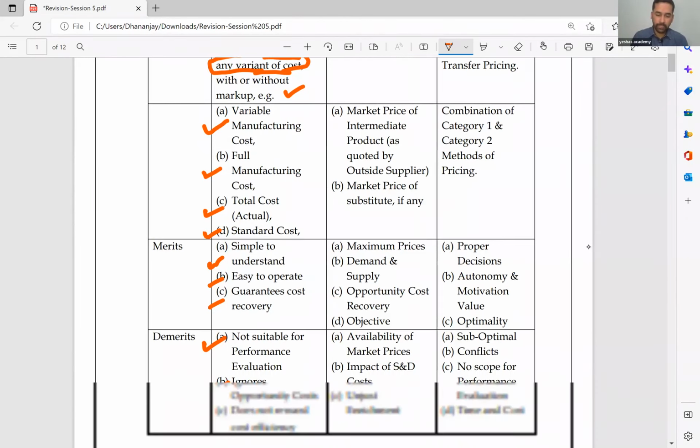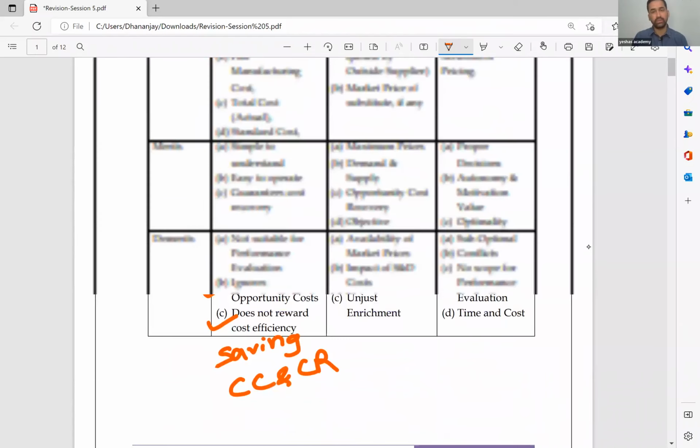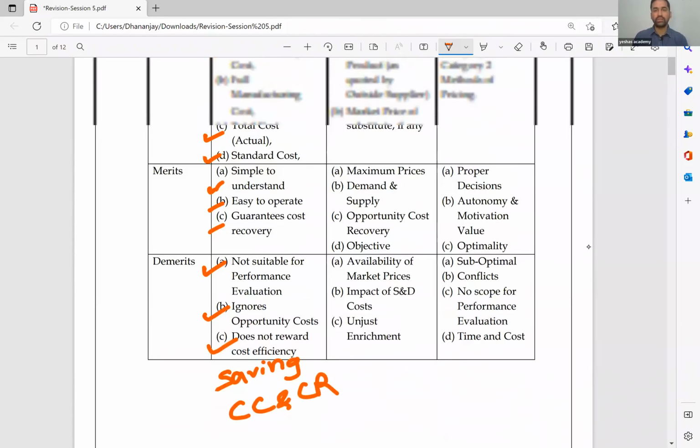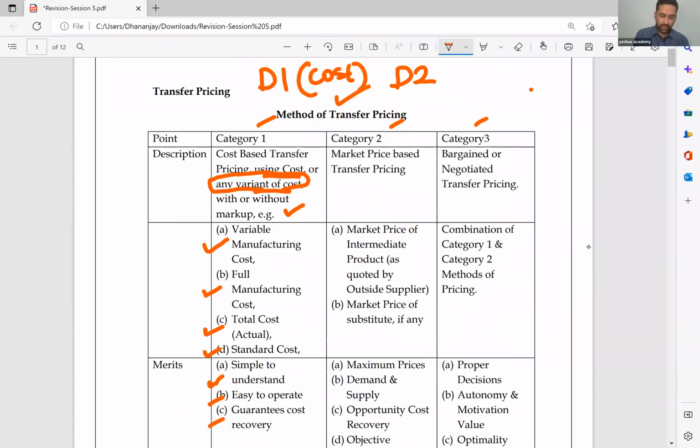On the other side, market price based transfer pricing. That is, the cost incurred by department 1, say, is ₹9. This component is available in the market at 11 rupees. Now, if you go by category 1, then from D1 to D2, it will go at 9 itself, cost based.